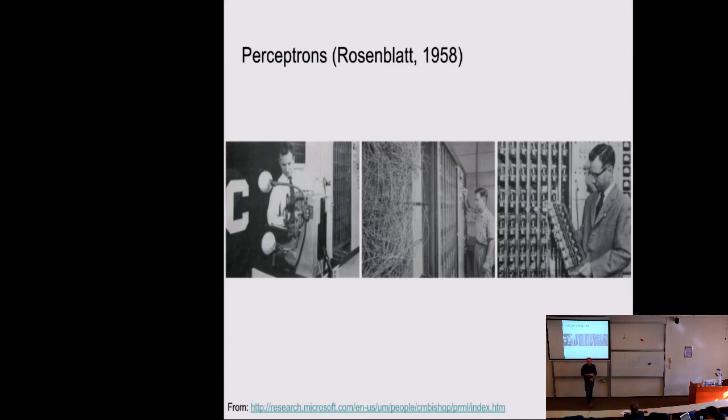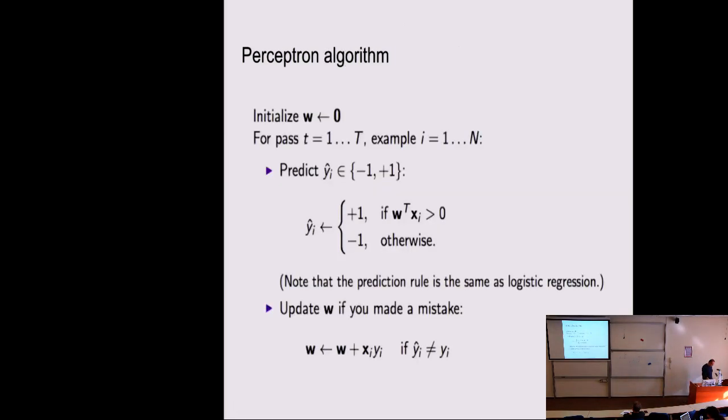It's just letters instead of numbers. Big TV camera, lots of wires representing the weights and connections. But he was able to show that this thing can be trained to recognize simple letters. And this is the perceptron algorithm.